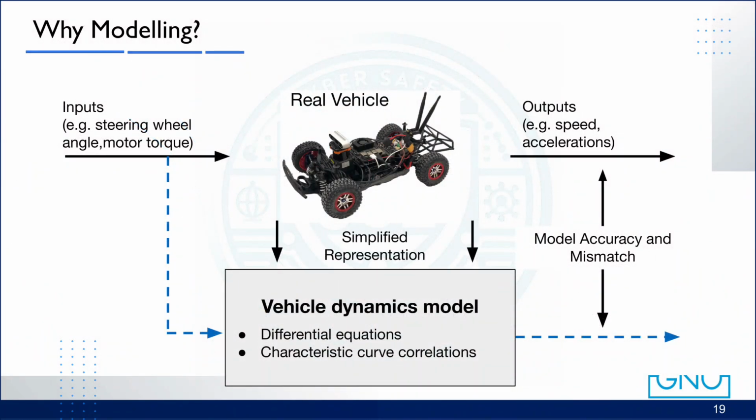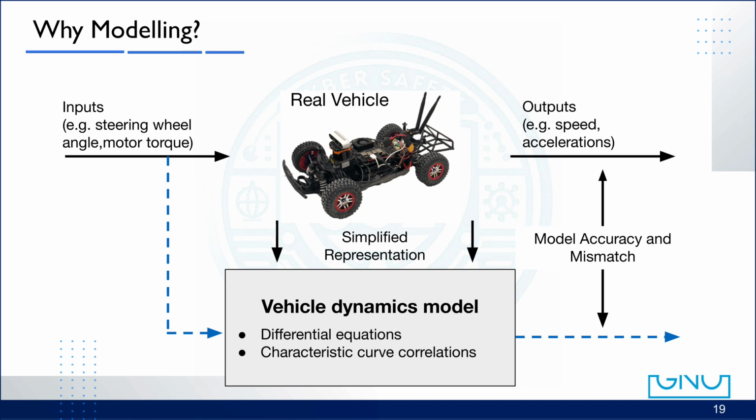To understand modeling, think about a car as a dynamic system. It receives inputs such as the steering wheel angle or motor torque. Then it produces outputs such as speed, acceleration, or turning behavior. In between, we can build a simplified representation of the car, a mathematical model that approximates the real vehicle. This model is called the Vehicle Dynamics Model.